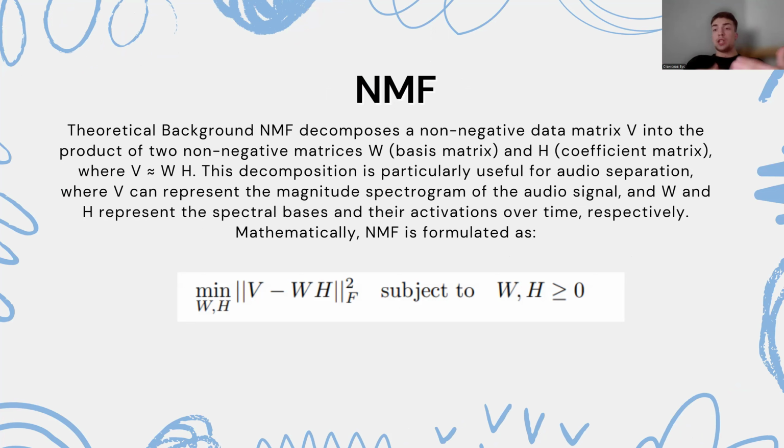We need to decompose our matrix V into matrices such that their difference is as small as possible. For this, we use the Frobenius distance or KL divergence.